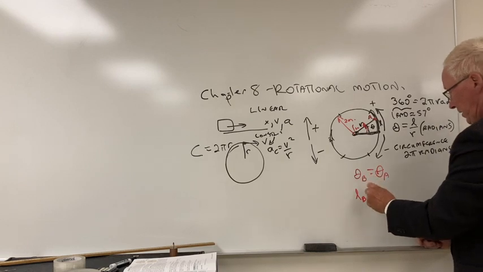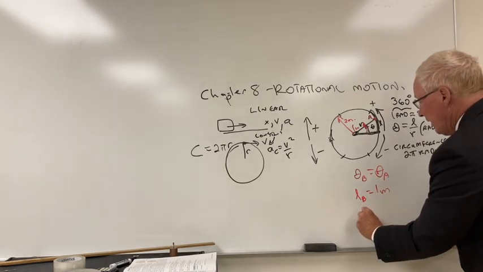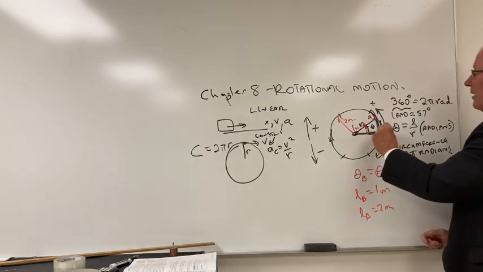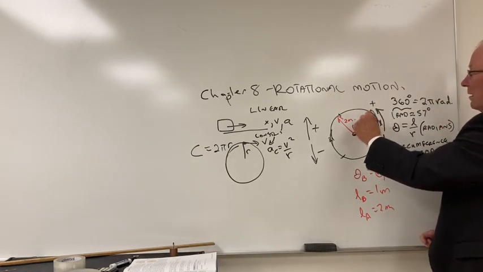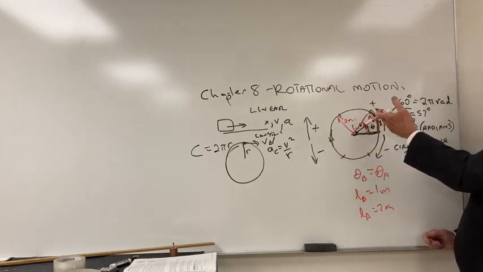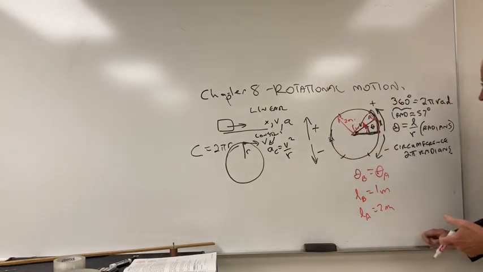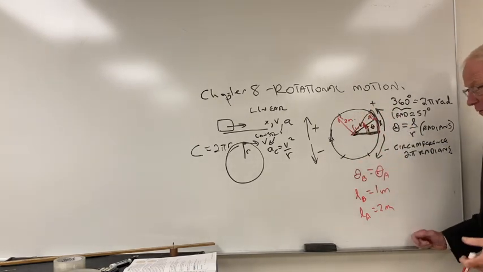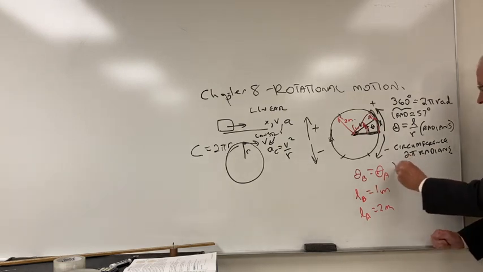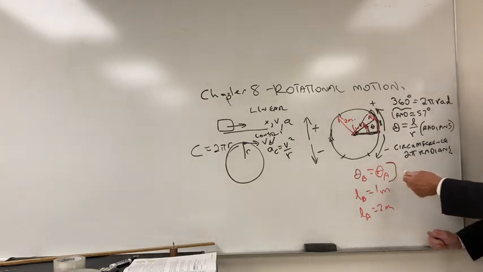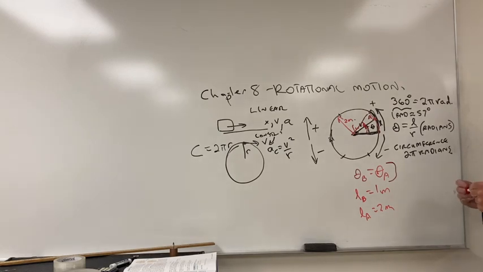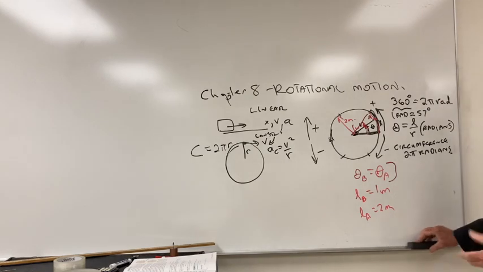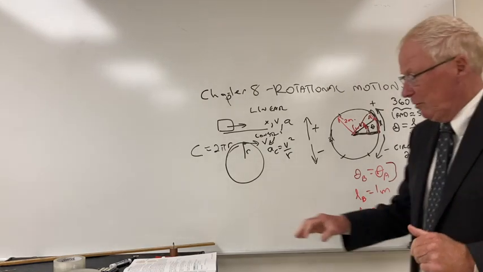If you go 1 radian, LB will be 1 meter and LA will be 2 meters, because you're actually traveling 2 meters. The farther out you are, the farther you're traveling. So the angular distance is the same, but the linear distance is going to be greater.